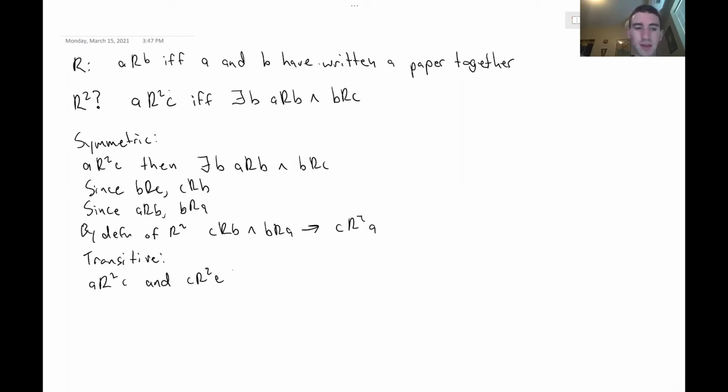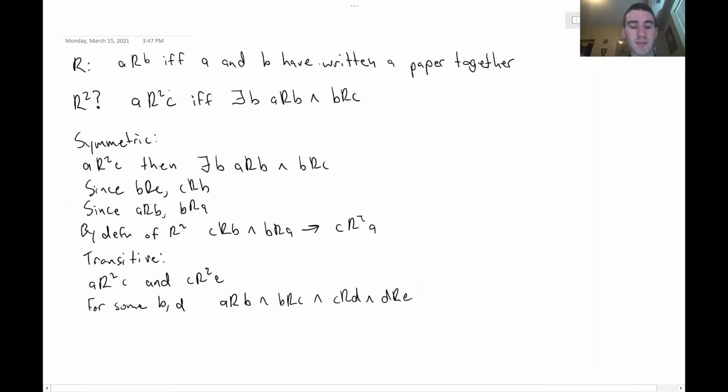Let's take a second and go back to our definition of R squared. What this really means is, for some B and D, that A relates to B and B relates to C, and then C relates to D and D relates to E.